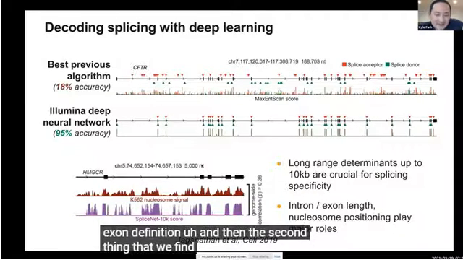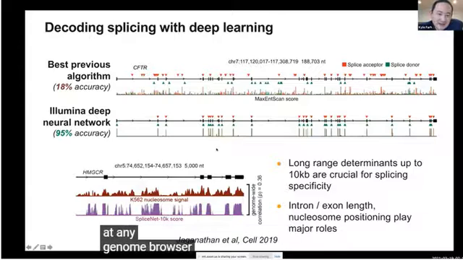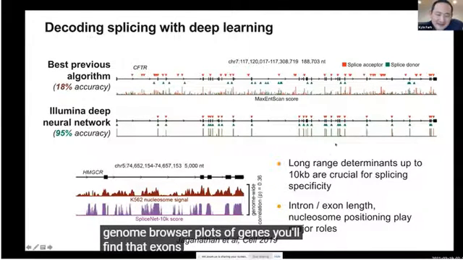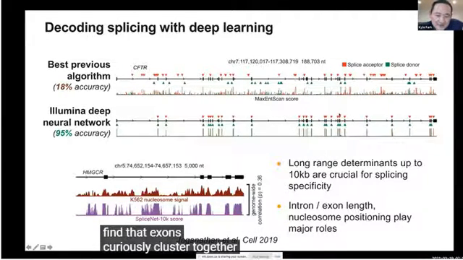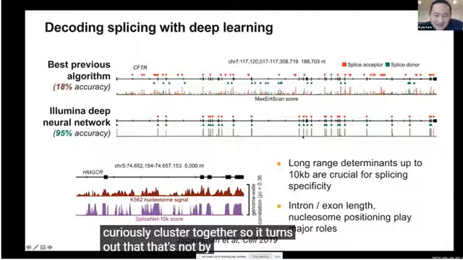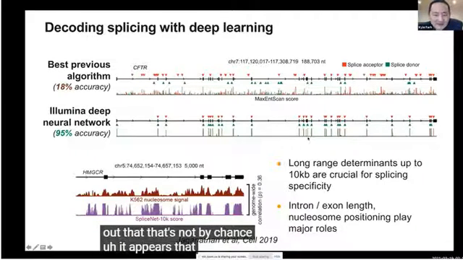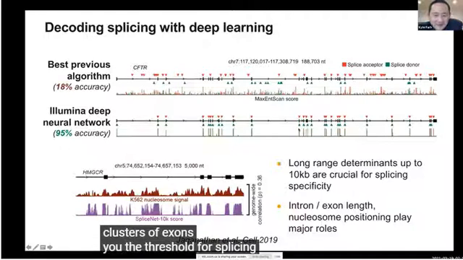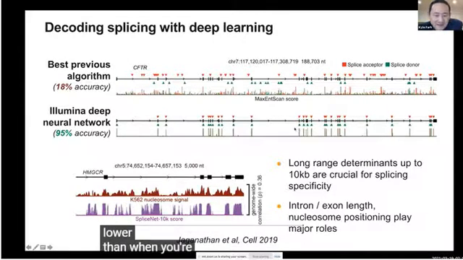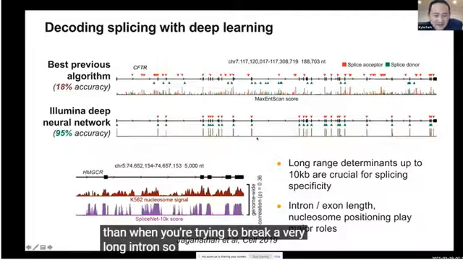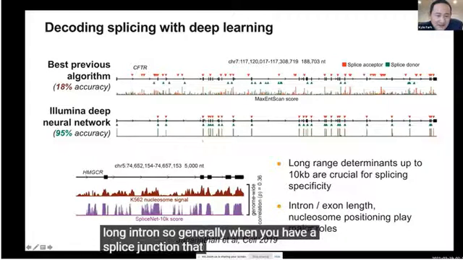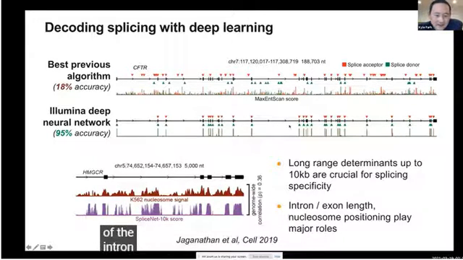The second thing we find is that if you look at any genome browser plots of genes, you'll find that exons curiously cluster together. It turns out that's not by chance. It appears that when you're in clusters of exons, the threshold for splicing is much lower than when you're trying to break a very long intron. Generally, when a splice junction interrupts the end of a long intron, it needs to be near perfect in its motif.